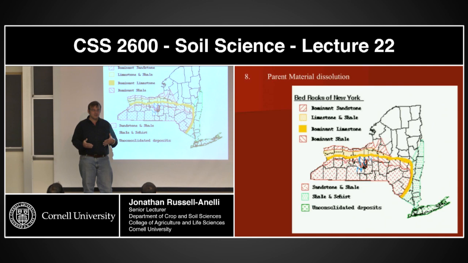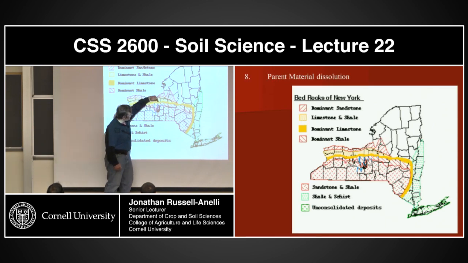The north part is close enough to this line that when it got ground through, a lot of the limestone is in the soil. But in the southern part, elevation starts going up, right? The glaciers are leaving the residual material from the limestones behind, and they start rolling over the shales and sandstones.